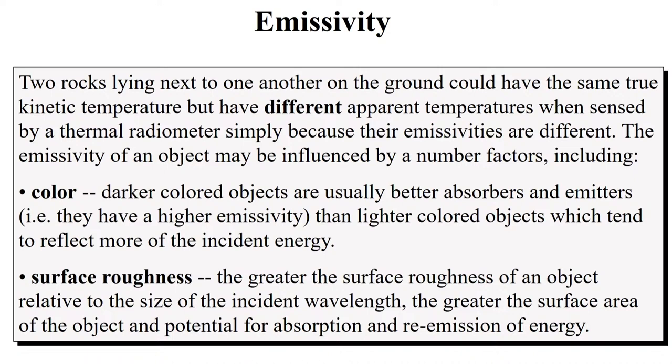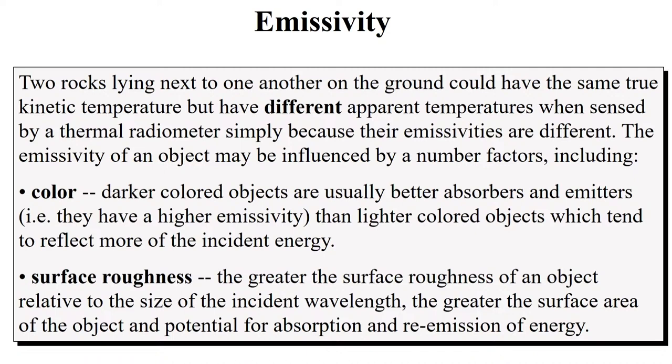Color: darker color objects have a better capability to absorb thermal radiation, so they absorb it, and finally they are good emitters also. So in comparison to light color objects, the darker the color, the higher the emissivity.